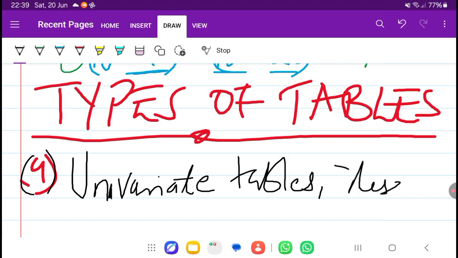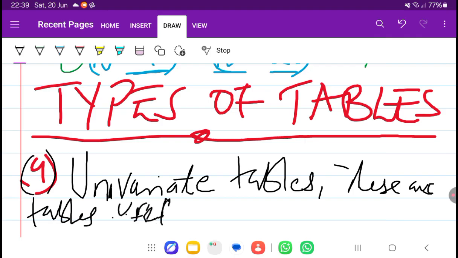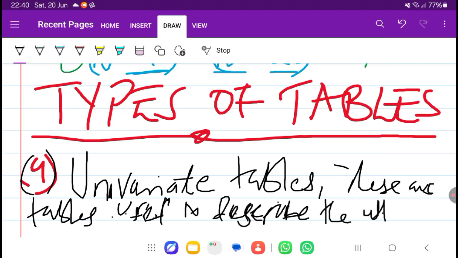These are tables used to describe the attributes or the characteristic of one variable.